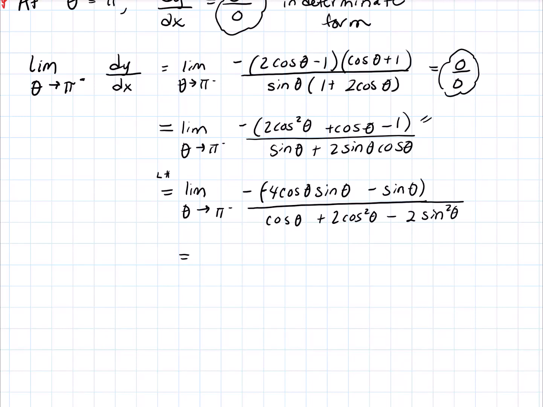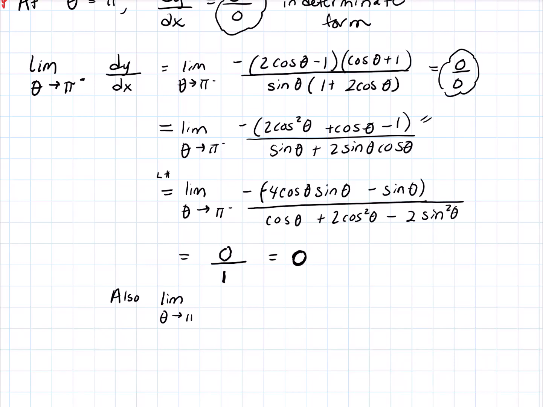And now if I actually let theta approach pi from the left, what we're going to end up with on the top is a 0, and in the bottom we're going to end up with, let's see, a -1 plus 2. Oh, 1. Check that out. We actually get 0.